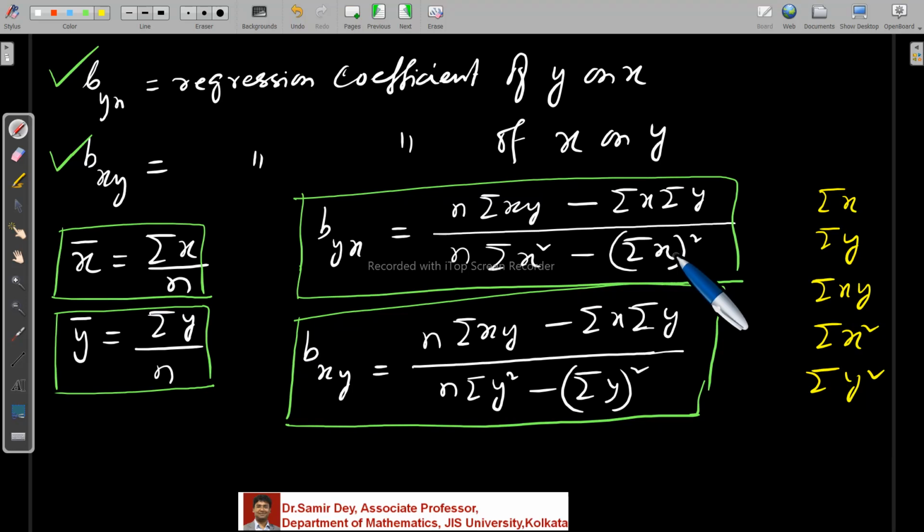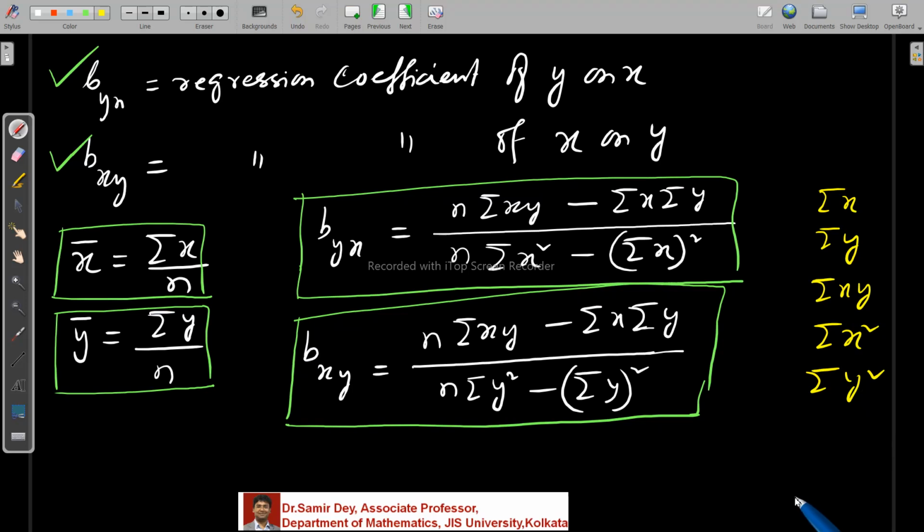If I can identify these from the given data, then we can find the values. So from the table we need to calculate these five sums. I think it is clear to all of you.